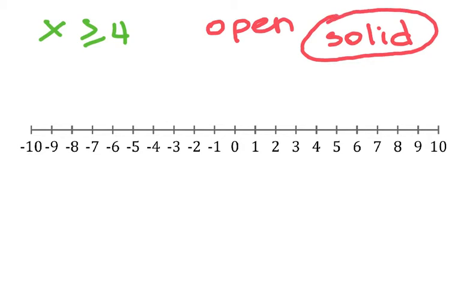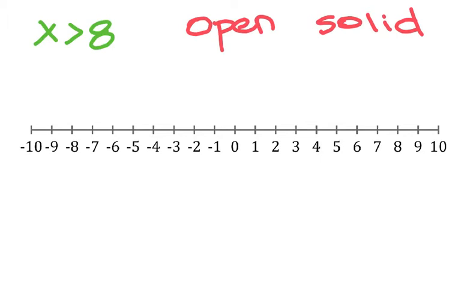I'm looking for number 4, and number 4 has a solid dot, greater than or equal to. Bigger numbers go towards the right. So we're going to do a couple as practice, and then you'll be done.